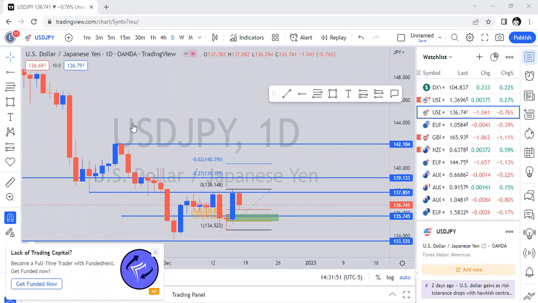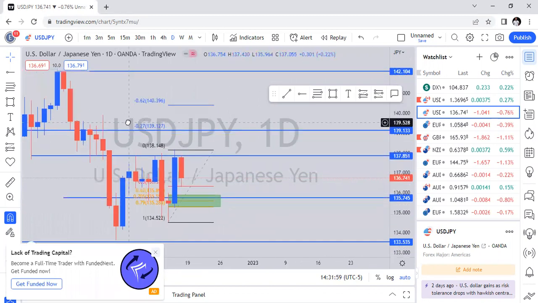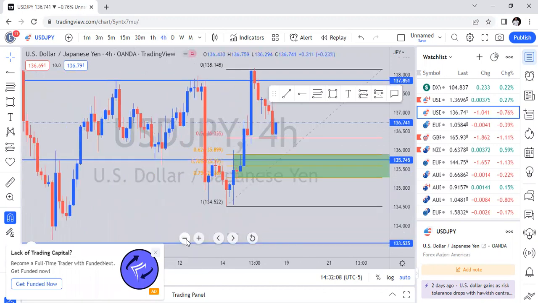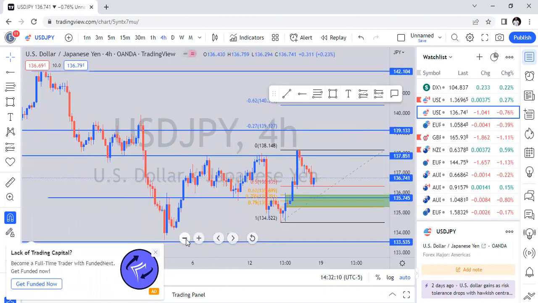So as long as price is inside this high and the low, it means we are in a seller's market. So as you're moving lower to lower time frames, you want to recognize the fact that the market is actually selling at the moment.